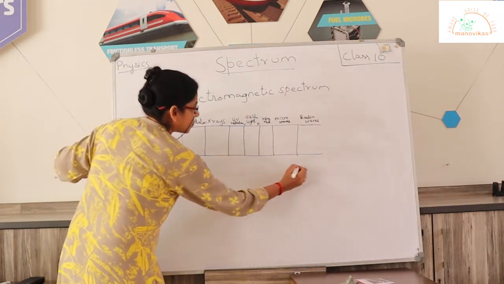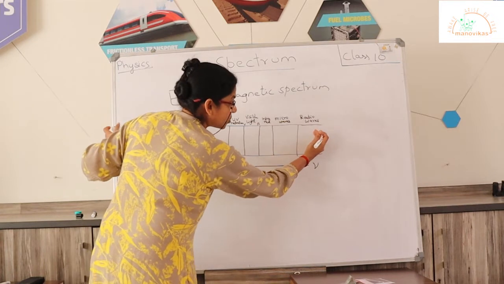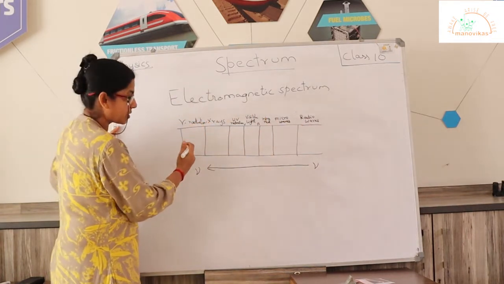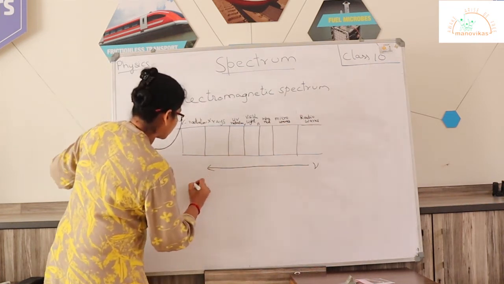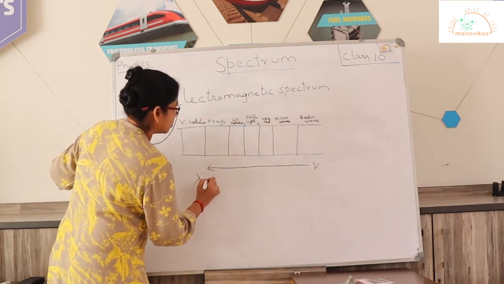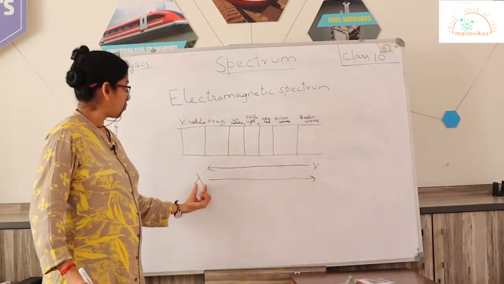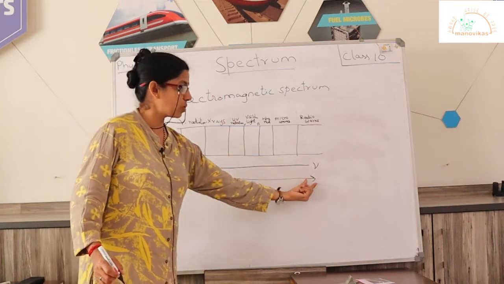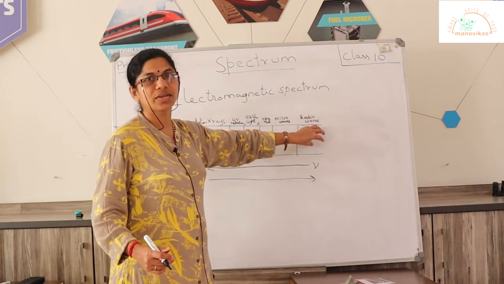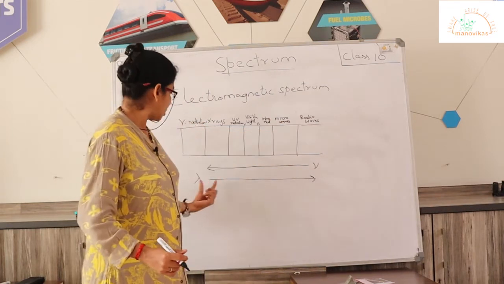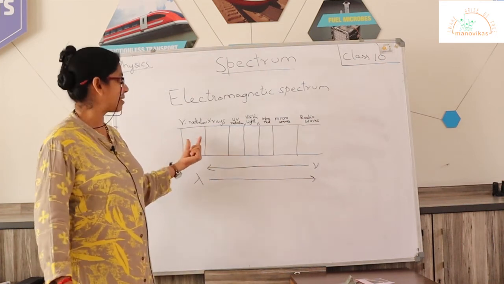So frequency increases as you go from radio waves to gamma radiations, whereas wavelength increases as you go from gamma radiations to radio waves. So you will find that radio waves will have maximum wavelength as compared to gamma radiation.